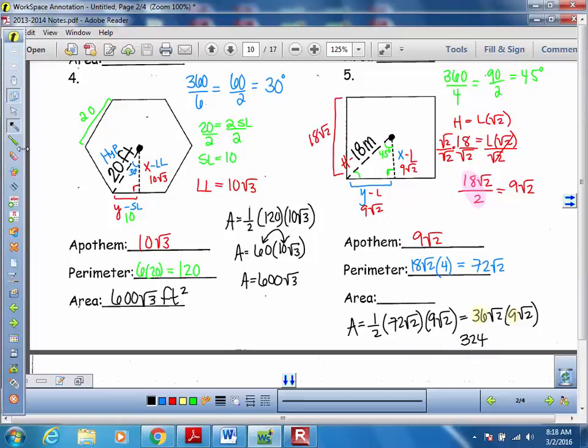And then I'm going to do square root of 2 times square root of 2. And just like up here when we did square root of 2 times square root of 2, that just gives me 2. These are being multiplied, so I'm actually going to multiply 324 by 2. And so our area would end up being 648 meters squared.